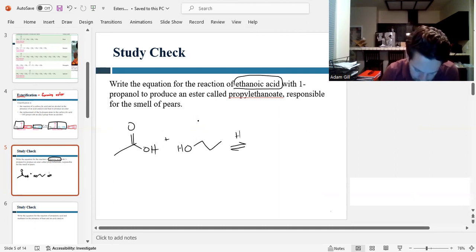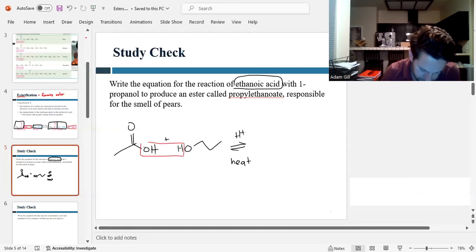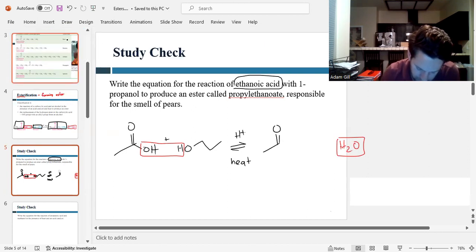And we're reacting it with an acid catalyst, H plus, and heat. And we are going to kick out the water here. So that will be our H2O. And we're going to combine what's remaining. So 2 carbons with the carbonyl, and that's going to be connected to the oxygen from the alcohol.